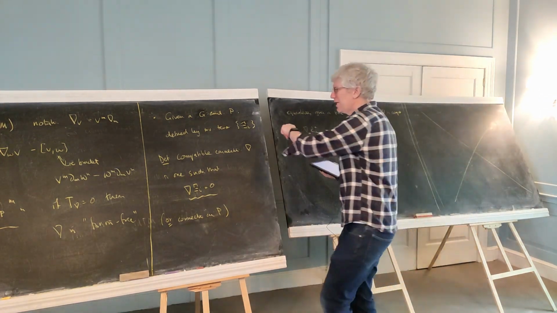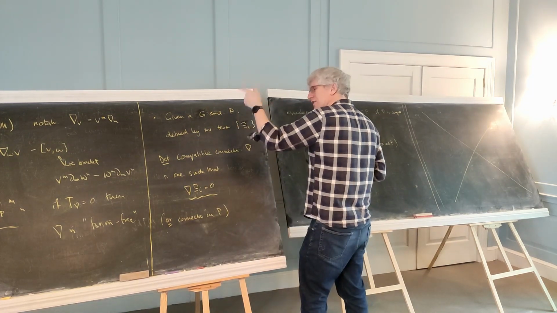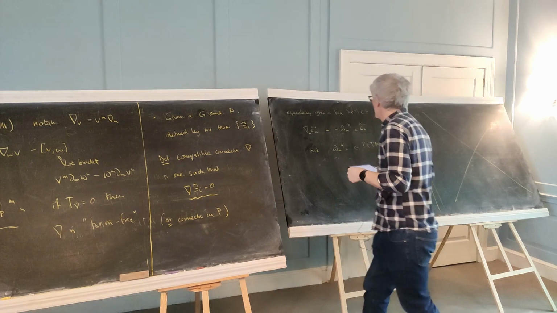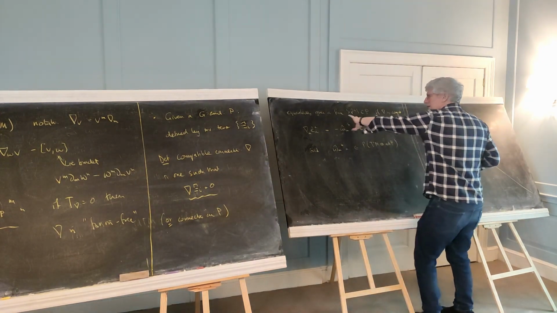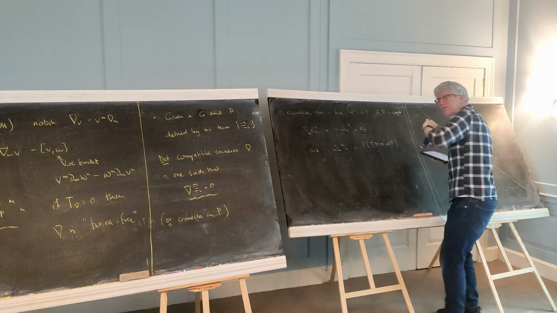If this is going to be compatible with the structure, remember this tensor was invariant under G. So when I take the derivatives, I'm only allowed to do Lie algebra actions here that are in G, not in the whole thing.